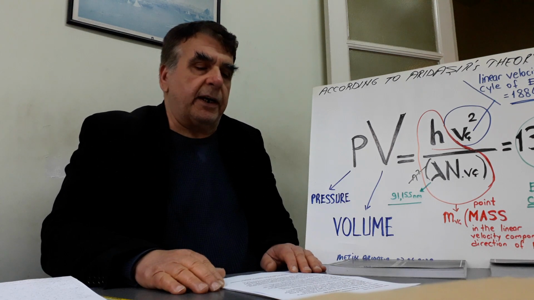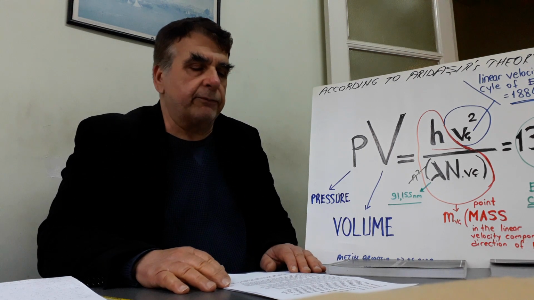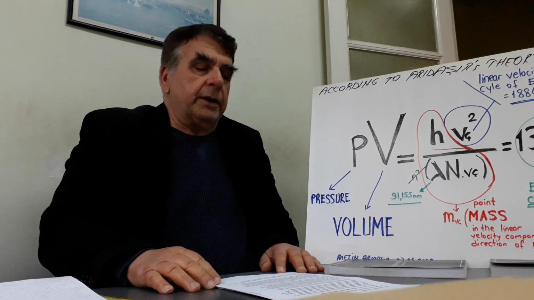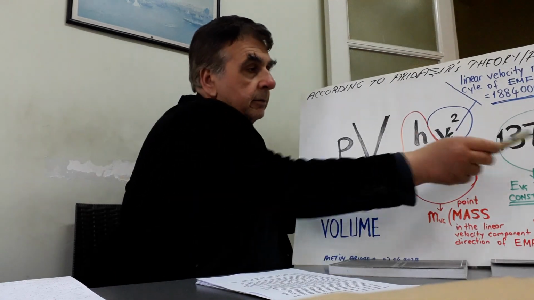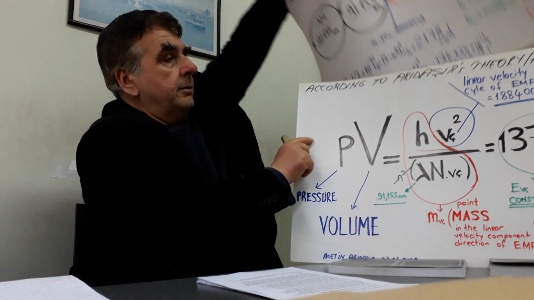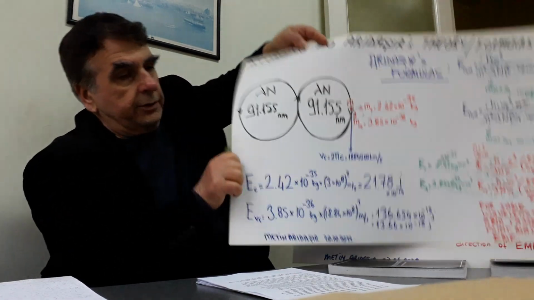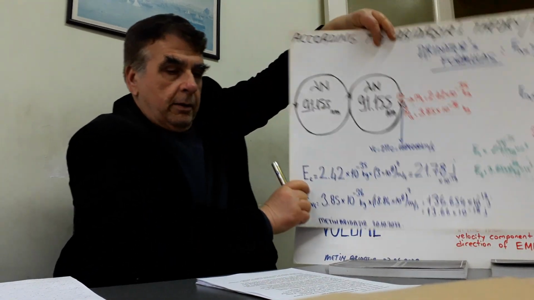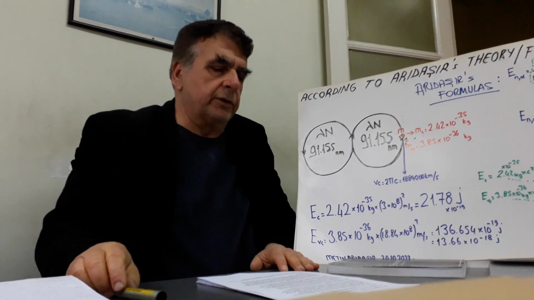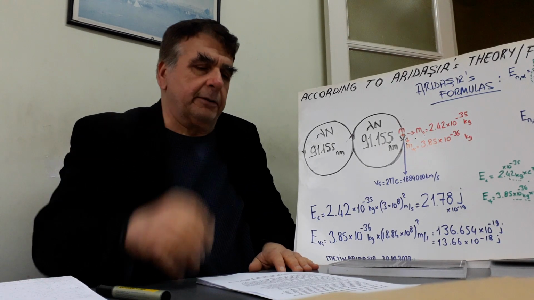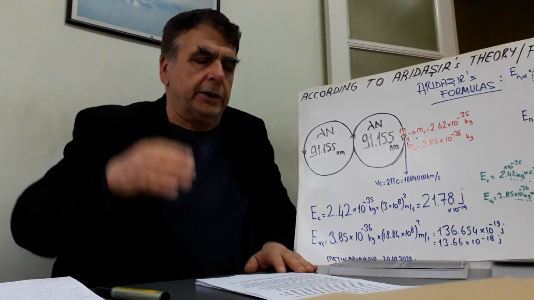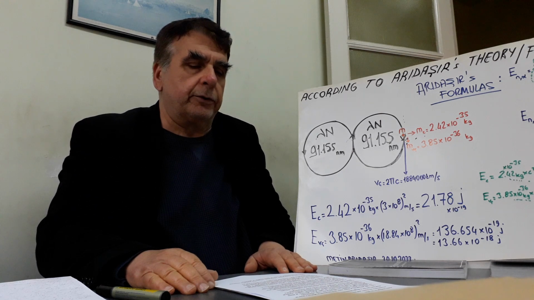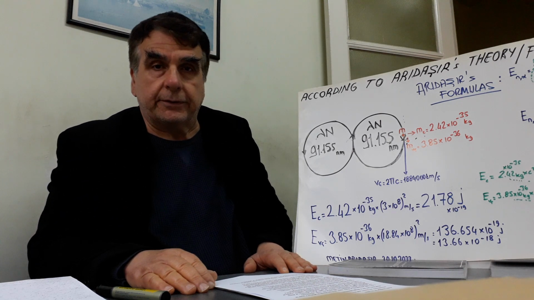These are figures that I computed according to my theory and my formulas before. 136.9 10 to the minus 19 joules linear velocity component energy is constant, and it doesn't depend on squared wave number or distance.